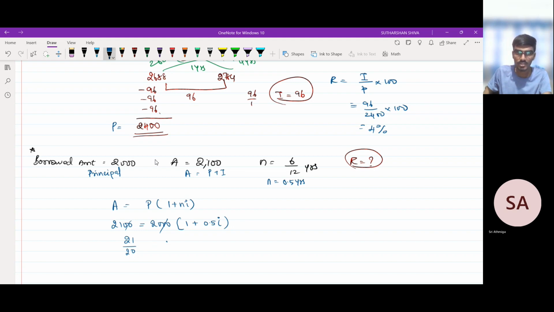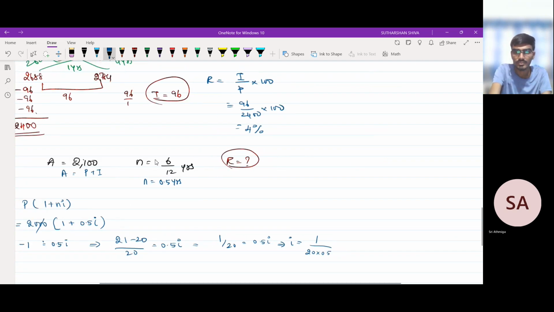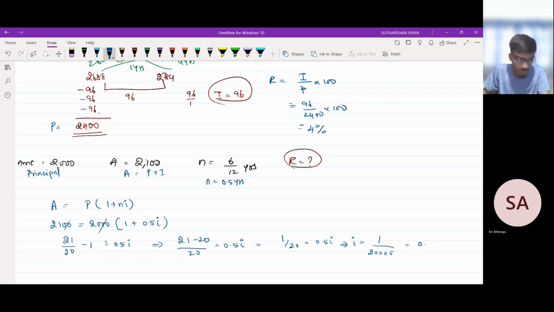This plus 1 comes to this side, it will go to minus 1, equals 0.5i. 21 minus 20 divided by 20 equals 0.5i. 1 by 20 is equal to 0.5i. Therefore, I is equal to 1 divided by 20 into 0.5. Therefore, I is equal to 0.1. If I is equal to 0.1, R is equal to how much? 10%.